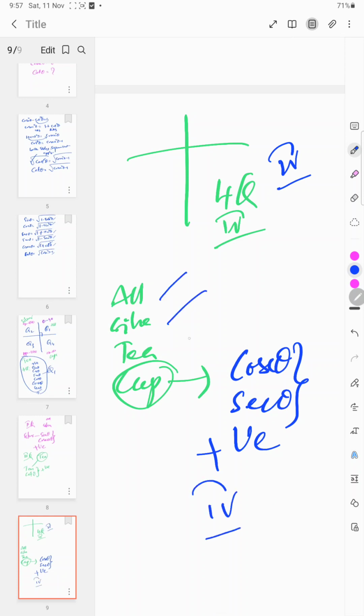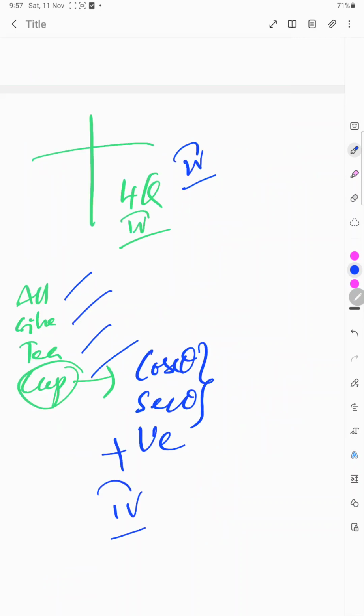So All Silver Tea Cups is used in trigonometry. It is useful to identify easily which quadrant is positive. In the first quadrant sin, cos, tan, sec, cosec are positive. In the second, sin and cosec only. In the third, tan and cot only. In the fourth, cos and sec are positive.